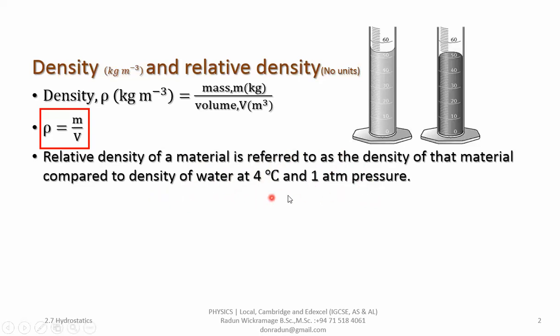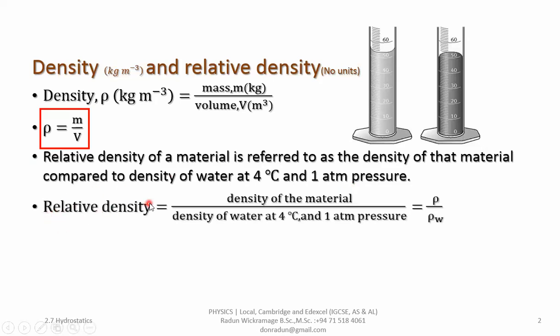So we have to keep these two physical quantities at a constant value when we are defining the density. Water has a density of 1000 kilograms per cubic meter at 4 degrees Celsius and 1 atm pressure.